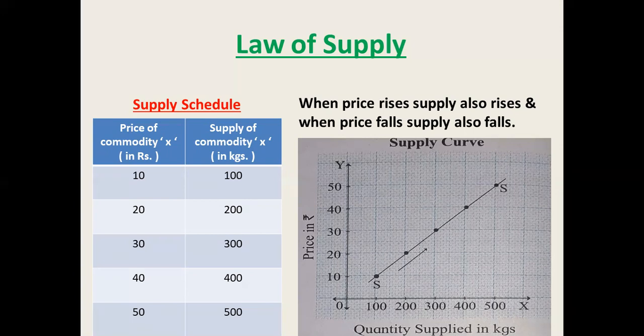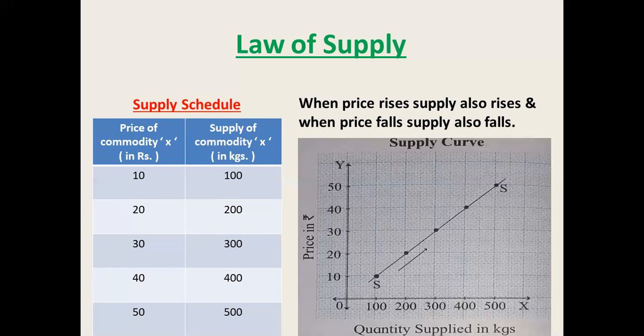So we have to convert that schedule into the graph. The OX axis measures the quantity supplied, and the OY axis represents the price of a commodity in rupees. See, SS is the supply curve.